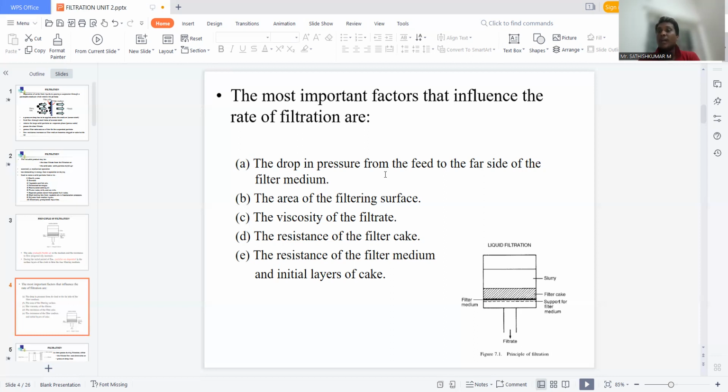High deposition of filter cake reduces the filtering process and affects the filtration rate. Fifth, the resistance of the filter medium and initial layers of cakes. These are all the important factors affecting the filtration rate of the filtering process.